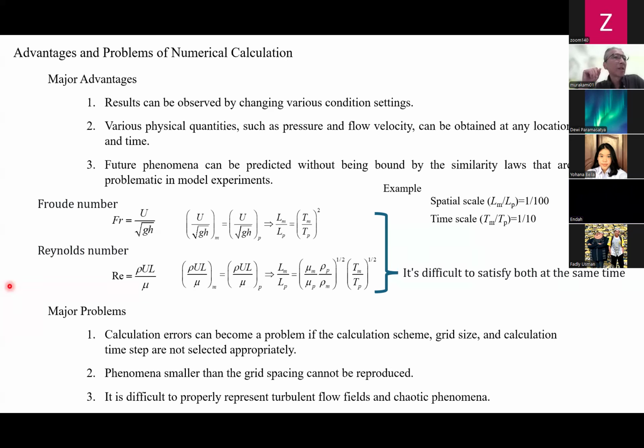Okay, and the third one is it is difficult to properly represent turbulent flow fields and chaotic phenomena. This is related to the problem in number 2. Okay. So the numerical calculation has some advantages, but we have to be careful when we use numerical calculation because it also includes some problems. Okay.